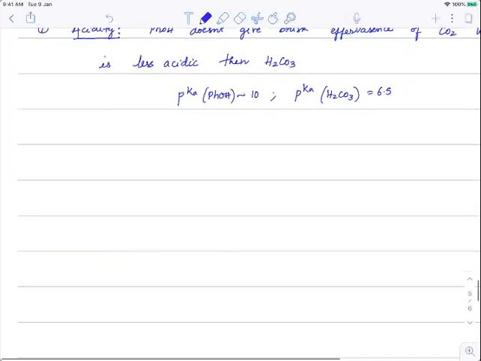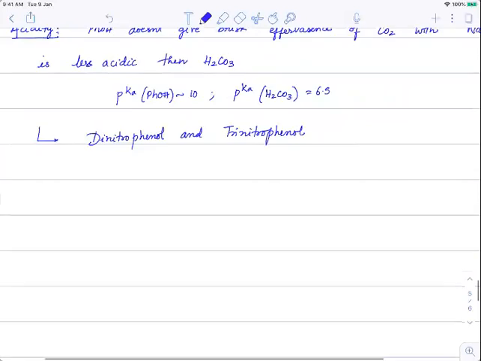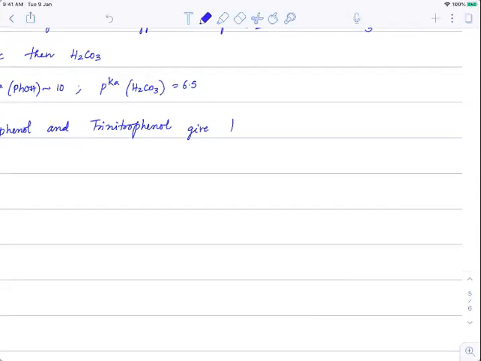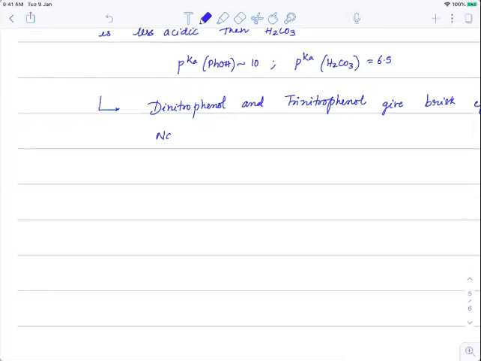But in case of dinitrophenol and trinitrophenol, dinitro and trinitrophenol give brisk effervescence of carbon dioxide with NaHCO3. How is it?